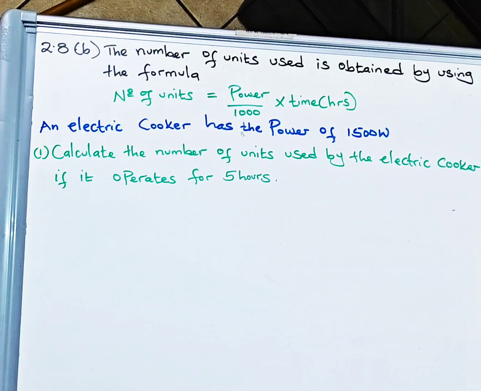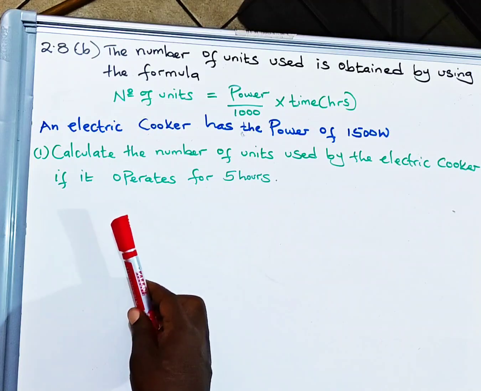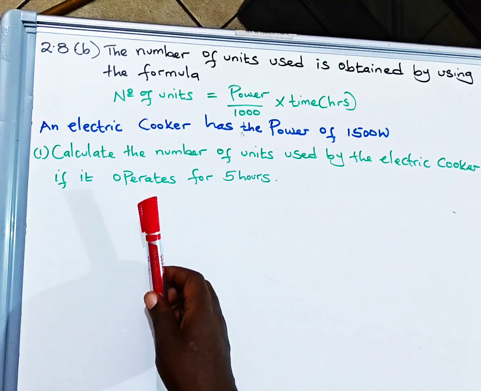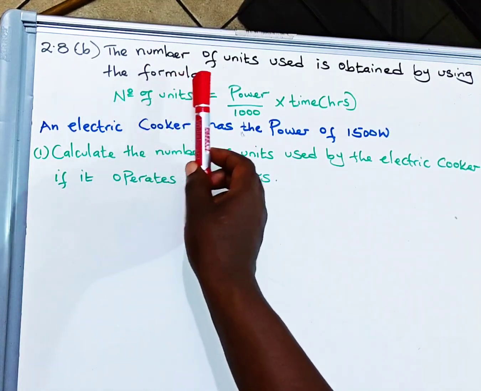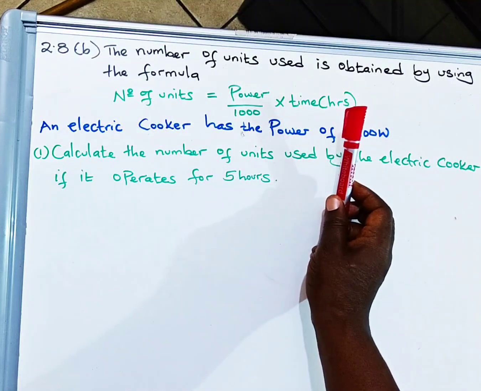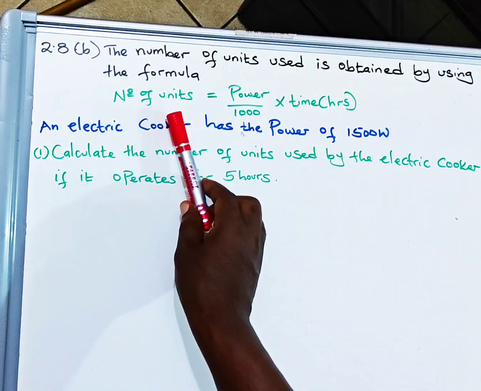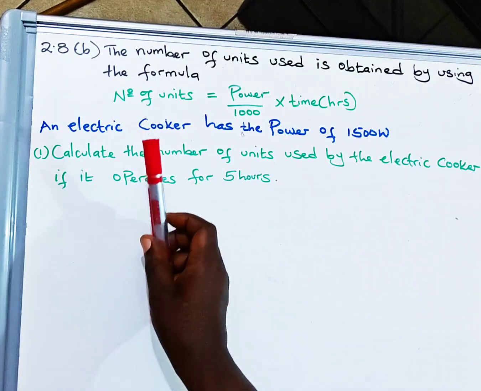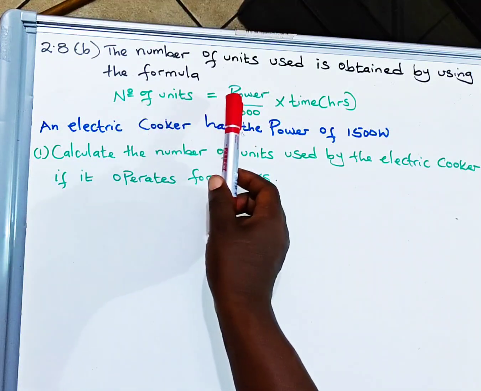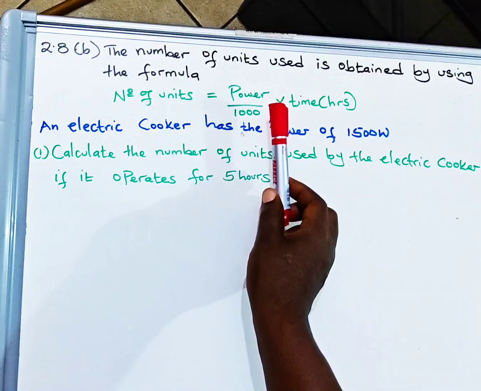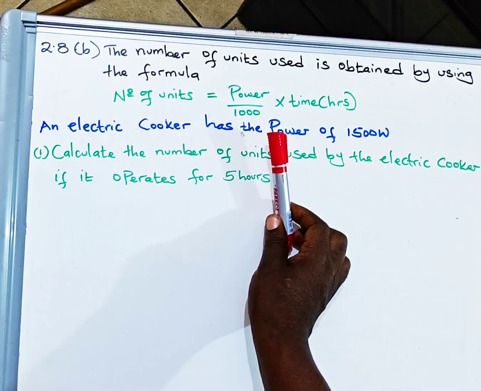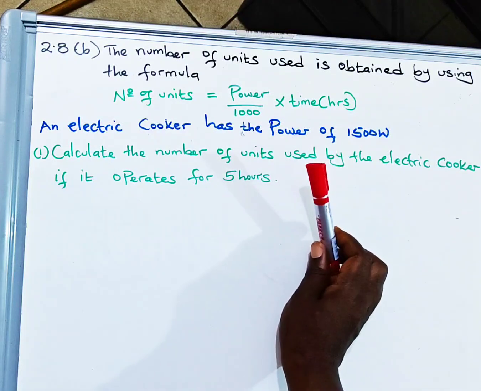Yeah. Then we come to this question. It says that the number of units used is obtained by using the formula below. This is the formula. The formula says that the number of units is equal to power over 1,000 times time in hours.